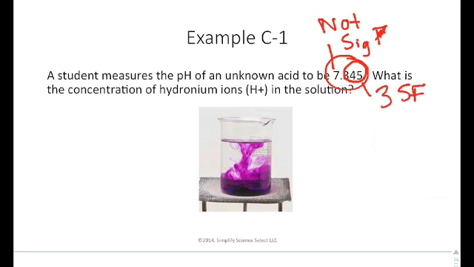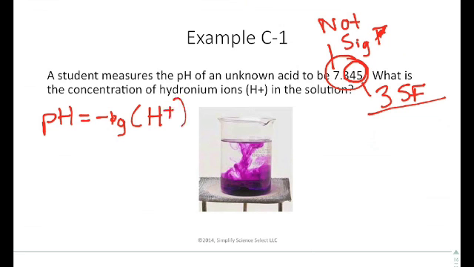So whenever I report my answer, the concentration of hydronium ion, it needs to have 3 significant figures. Now you should remember from first year chemistry, if you don't, that's fine, we'll get to it, that pH is equal to the negative log of the hydronium concentration, or the protons.